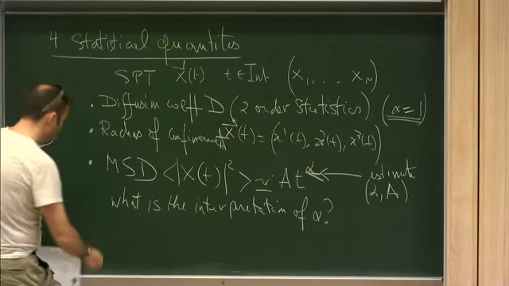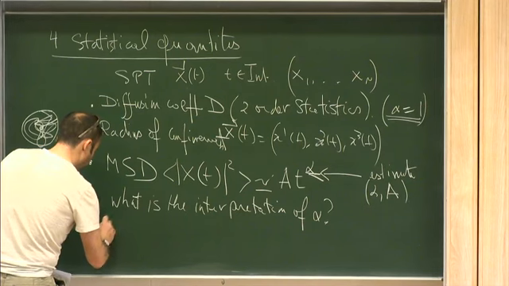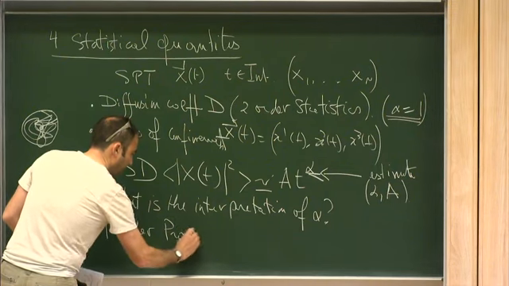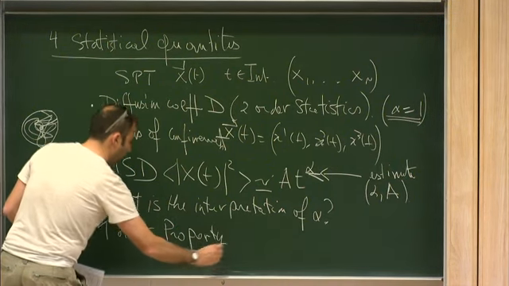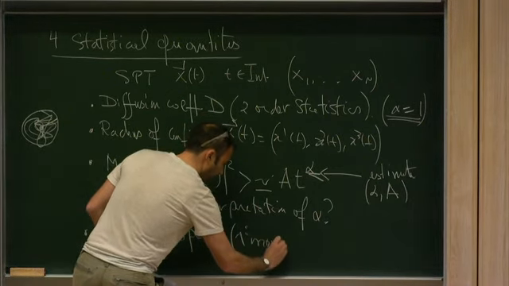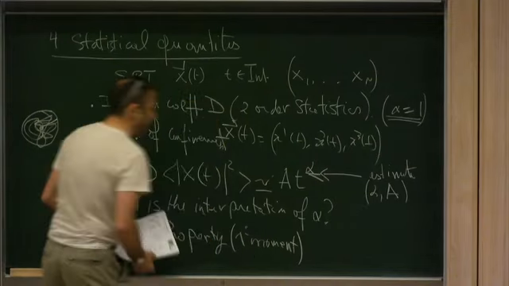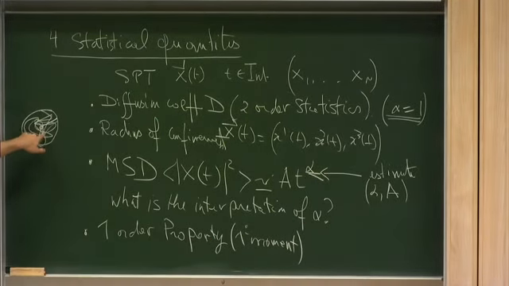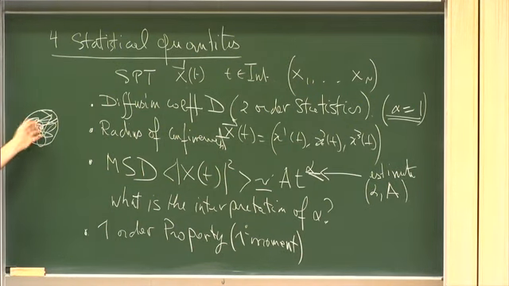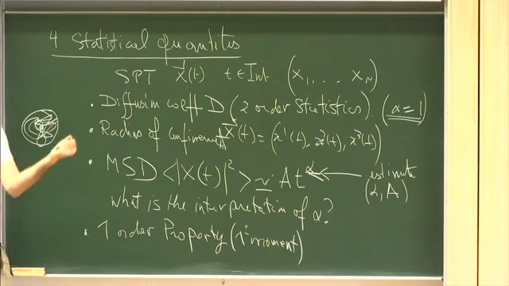And the last quantity of interest is the first order property, the first moment, really. The first moment is associated to the force. If you have a confinement, is this confinement due to a force that pulls back the trajectory?